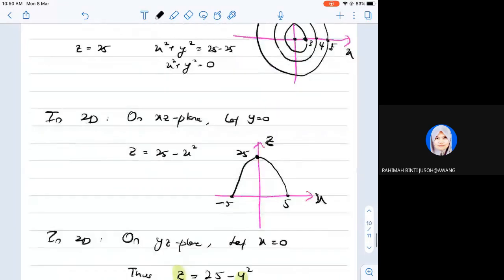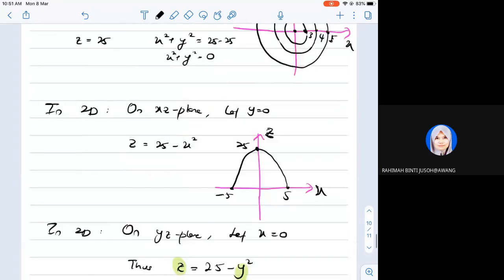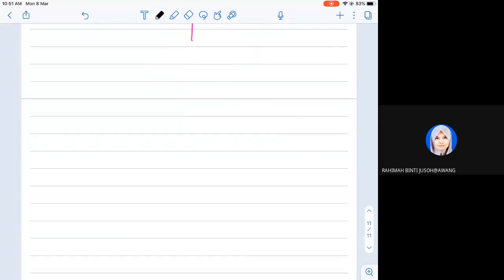Okay, now we need to combine all of these three graphs into 3D.